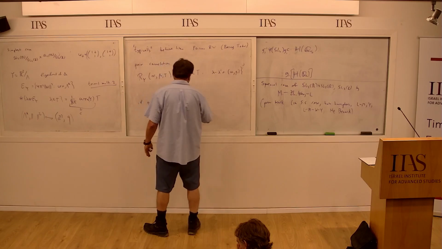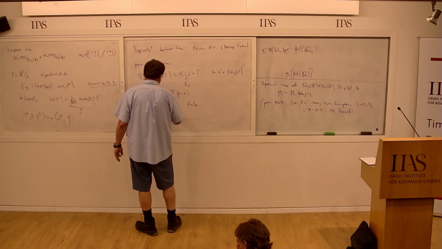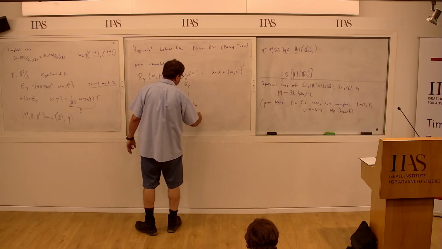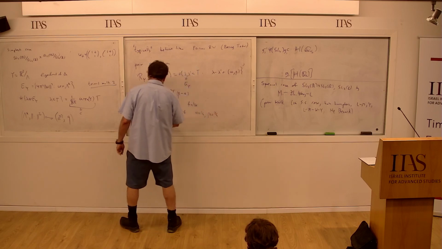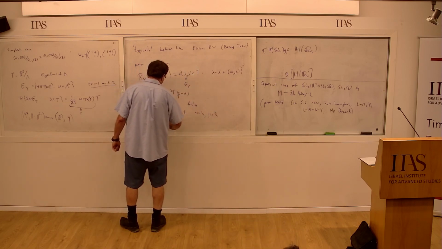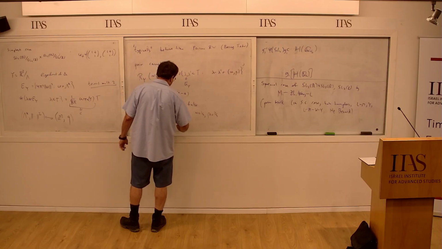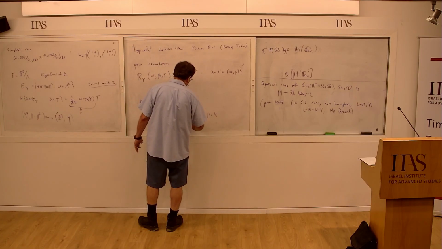It's false in two ways. Too few pairs, if let's say alpha is 1/4 and beta is 3/4, and I can also get too many pairs.